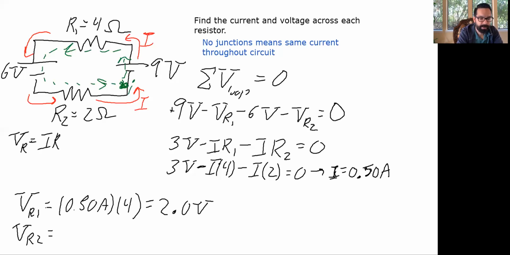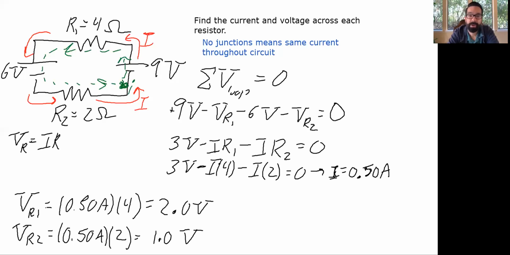For resistor 2, V equals IR, that's my Ohm's law, current times resistance, 0.50 amps times my resistance, which is 2, equals 1.0 volts. Okay, so if you're ever unsure whether you did that correctly, plug it back into your loop law. If you plug those voltages back into your loop law, you should get 0. And I think we do get, right, 9 minus 2 minus 6 minus 1. Yeah, that does indeed give you 0 here.